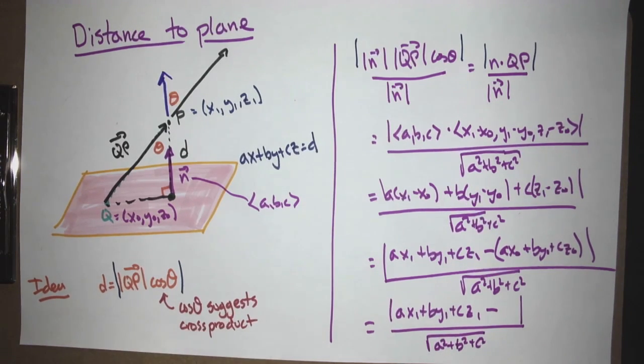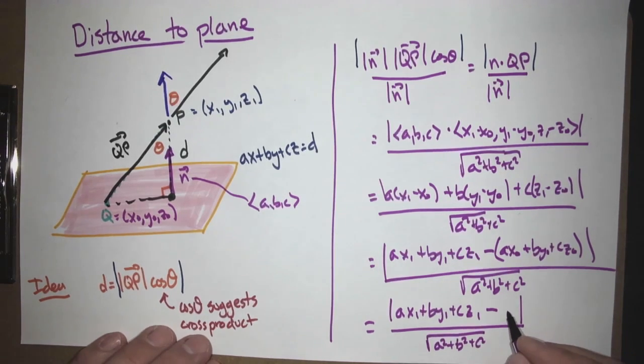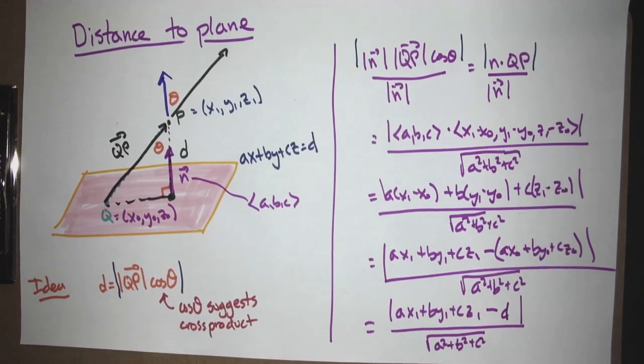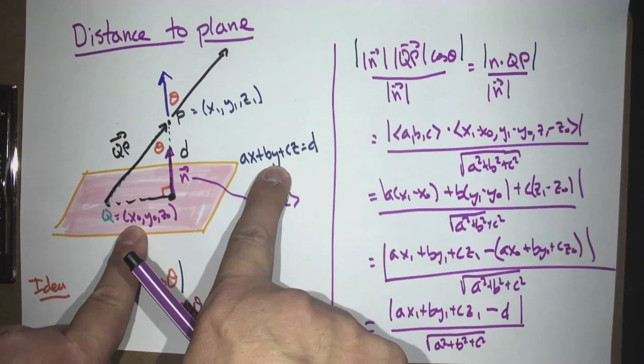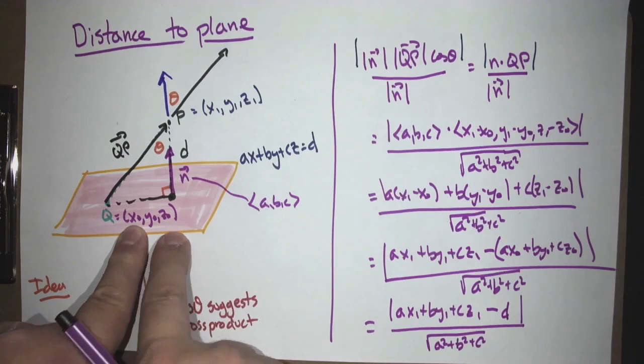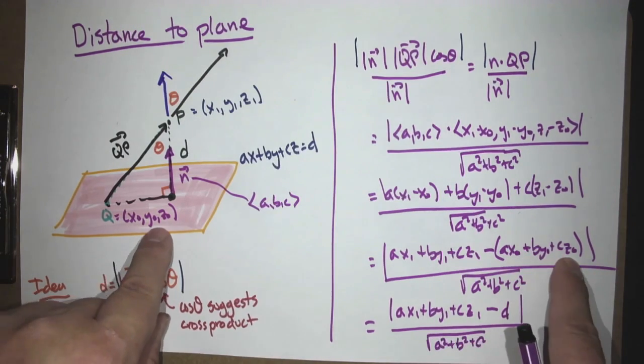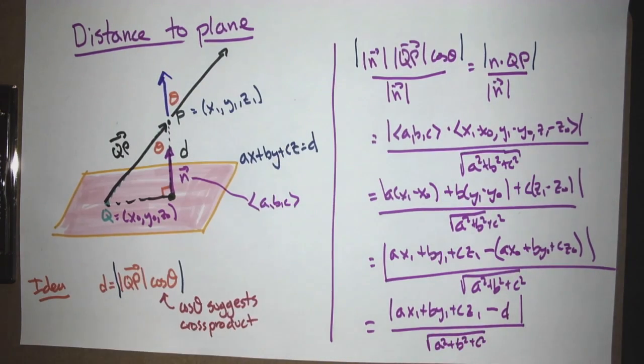Something very small that can fit in that much space. It is D. Why is it D? Because of our formula. Every point in the plane, and that's a point in our plane, satisfies ax naught plus by naught plus cz naught equals D.